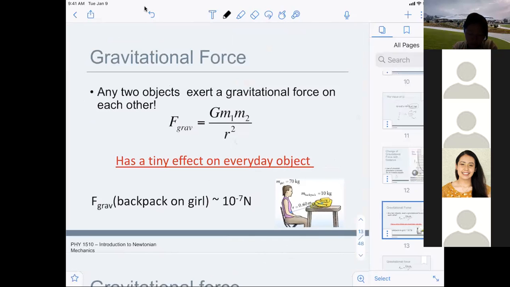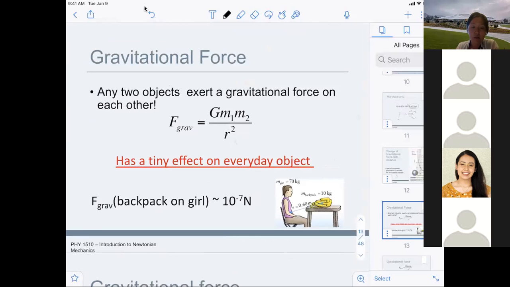We said G is so small, which makes the gravitational attraction very, very tiny on everyday objects, so that we don't have to worry about all the gravity we are feeling from other objects.